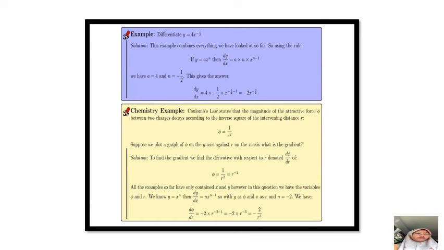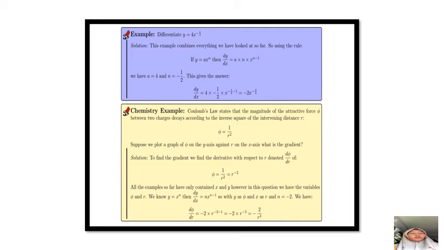If we look at the example, differentiate y equal to 4x power of negative 1 over 2. The solution is, this example combines everything we have looked at so far. Using the rule, if y equal to a times x power of n, then dy over dx equal to a times n times x power of n minus 1.